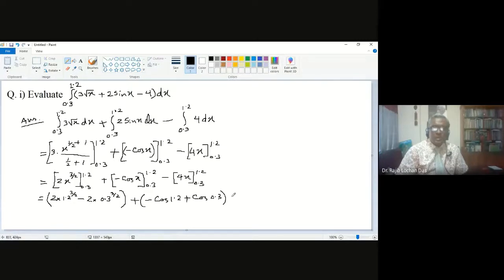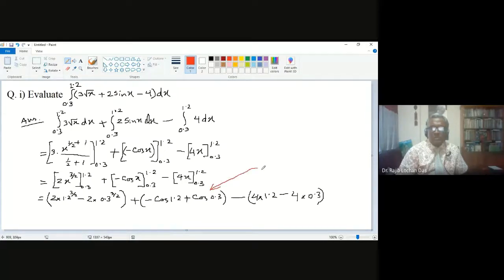The last part is 4 into 1.2, and then minus 4 into 0.3. You do the calculation next.